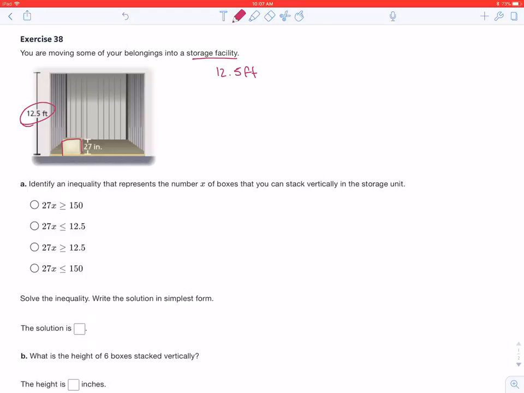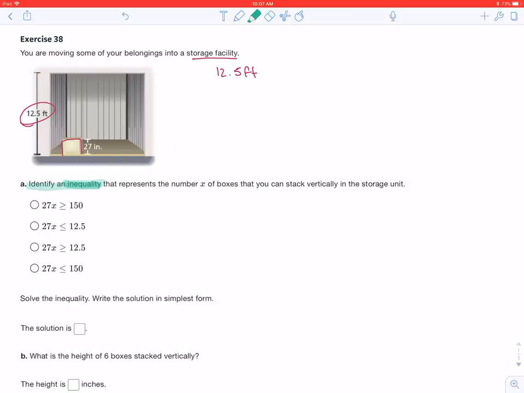So the first part of this question wants me to identify an inequality that represents the number x of boxes that you can stack vertically in the storage unit. So let's break that down a little bit. Identify an inequality. An inequality is anything that has an expression on both sides and a comparison symbol in the middle.